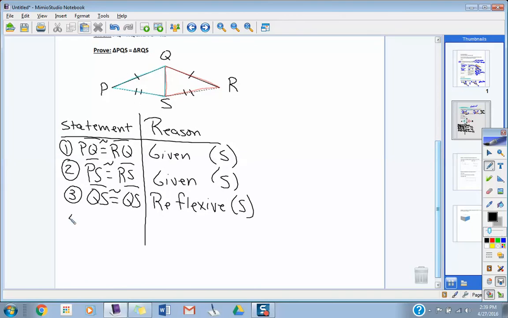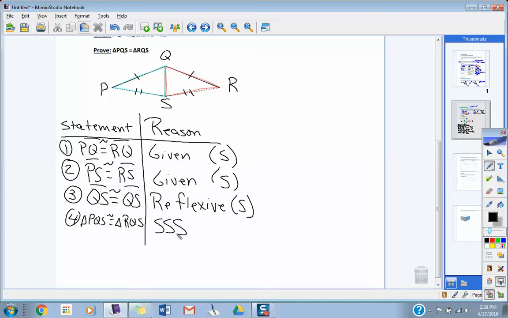So step 4, we'll say triangle PQS is congruent to triangle RQS. And what's the reasoning? SSS. We've shown you all 3 pairs of sides are congruent. So by the side, side, side congruency theorem, those triangles are congruent.